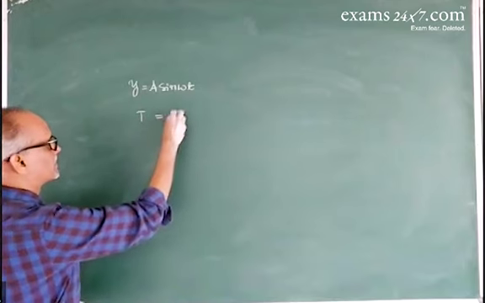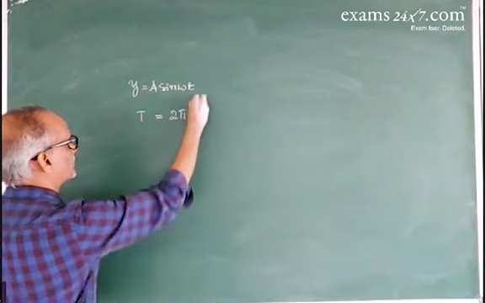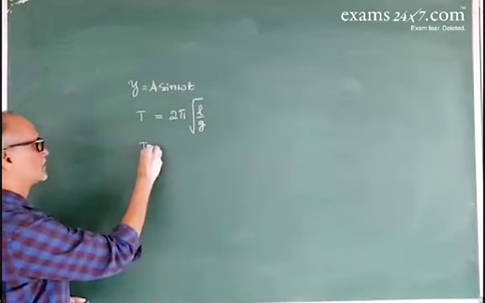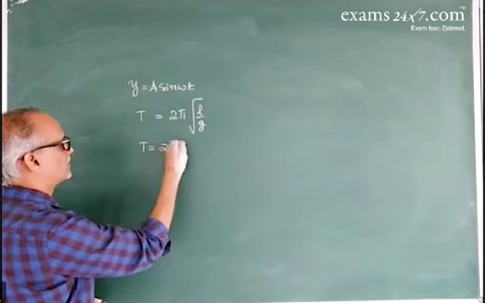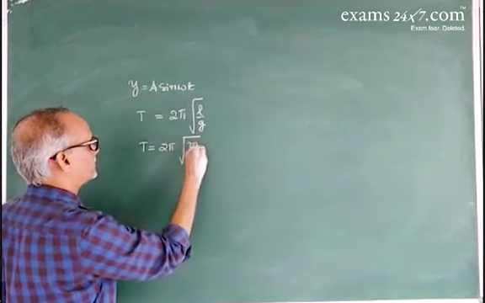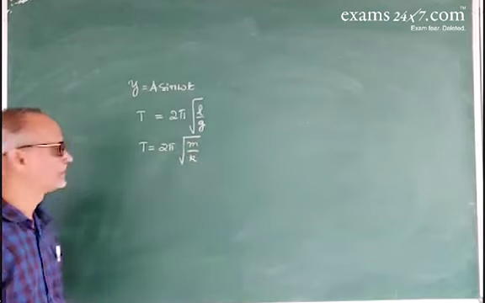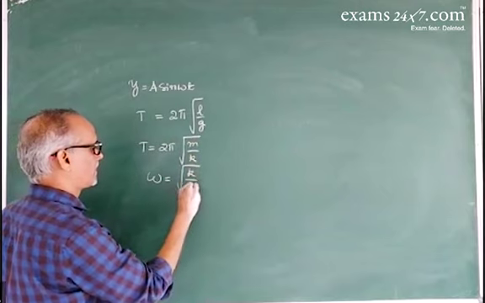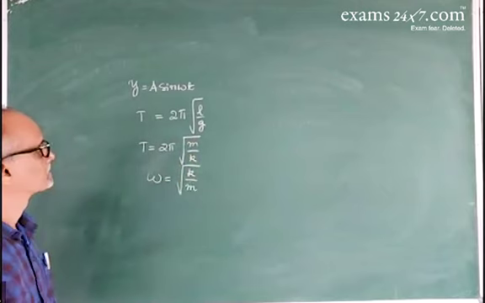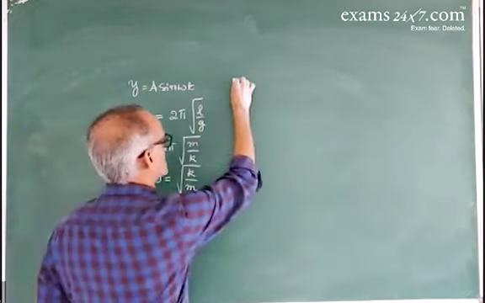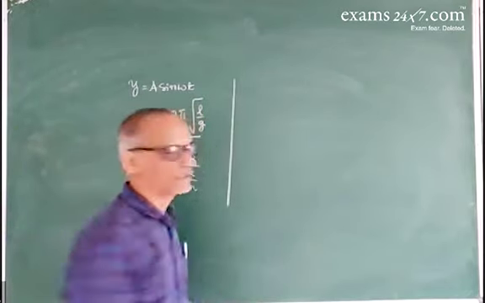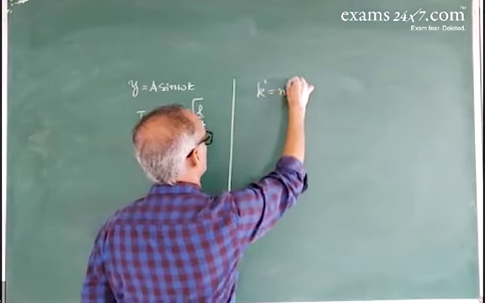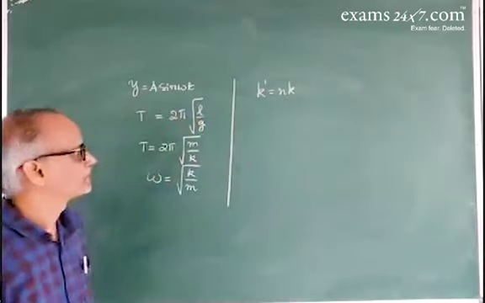One is the time period of oscillation of a simple pendulum, which is T is equal to 2 pi root of L by g, and then the time period of oscillation of a spring, which is T is equal to 2 pi root of m by k. The angular frequency omega is given by root of k by m. When a spring is cut into n parts, the new spring constant k dash becomes nk.